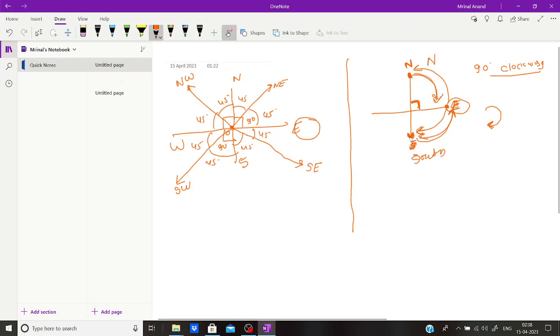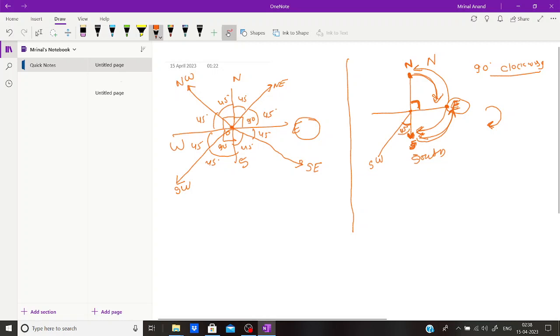From the south, if someone says to move 45 degrees clockwise, then where are you going to reach? So from this origin you are going to reach the southwest. The question is, you have to move 45 degrees clockwise.